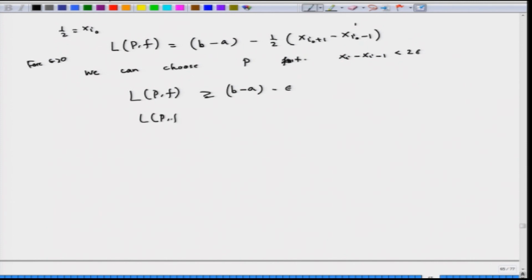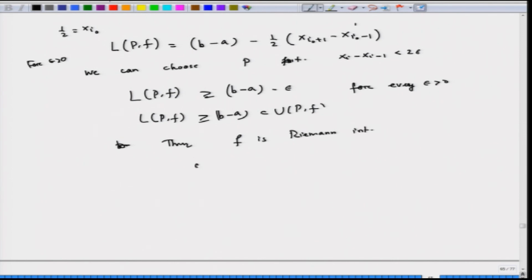So, L_P of f is greater than or equal to b minus a. So, in this case this is equal to U_P of f, thus f is Riemann integrable, and the integral from 0 to 1 of this particular f is going to be equal to 1.